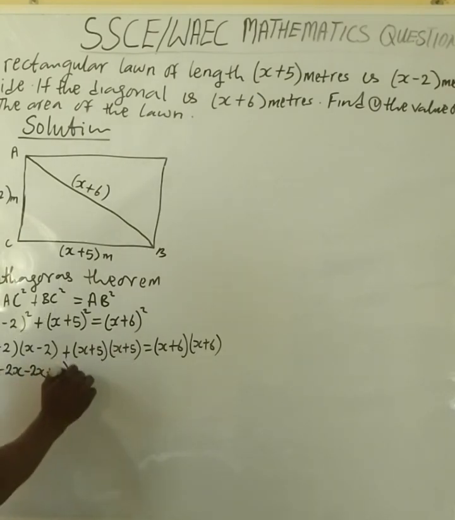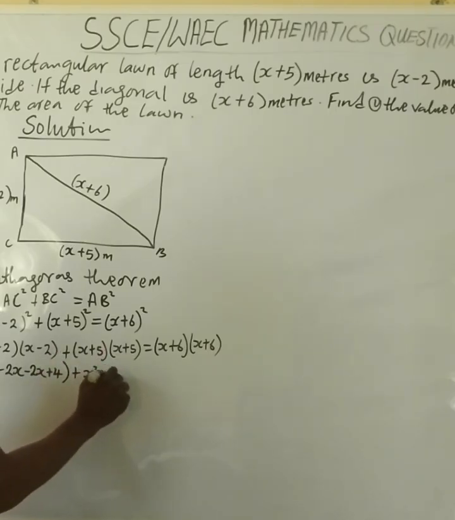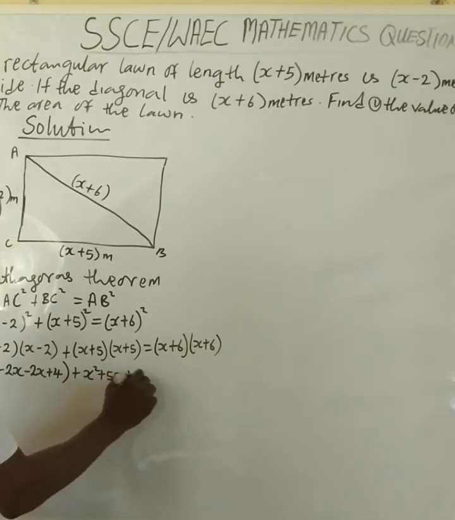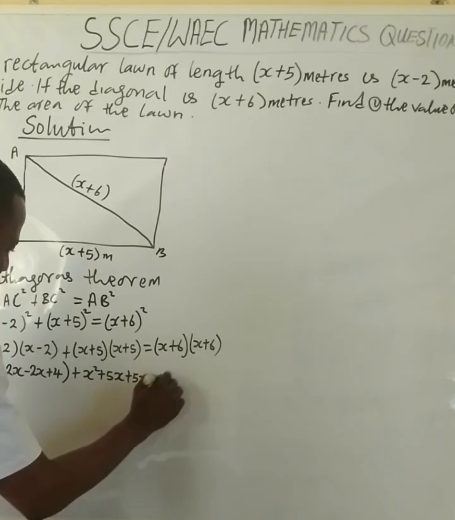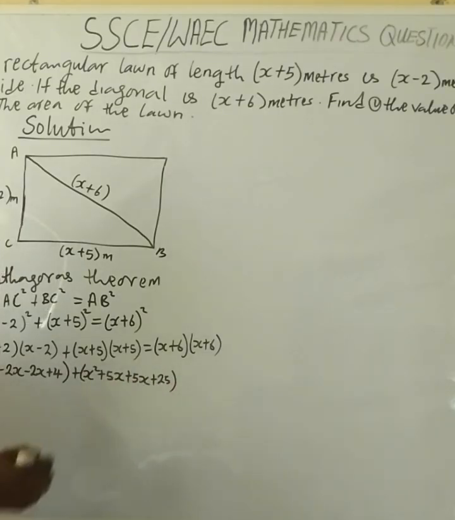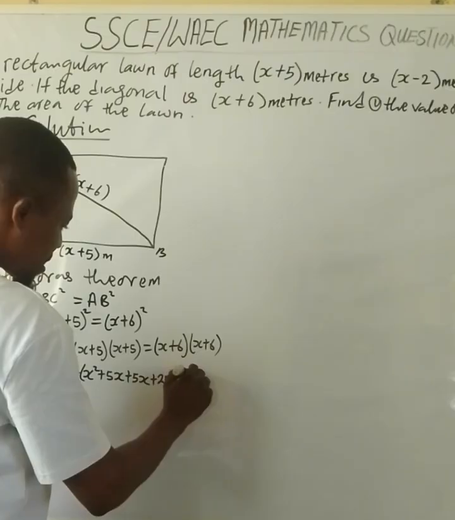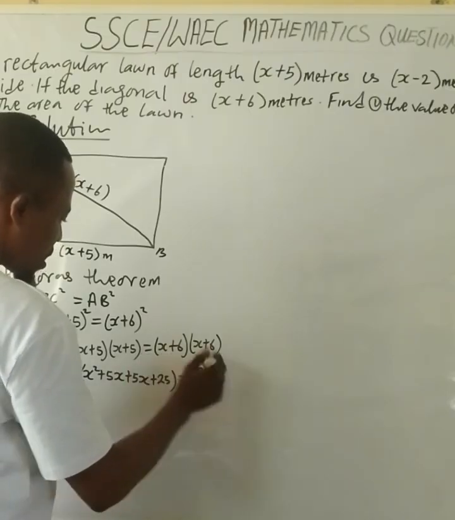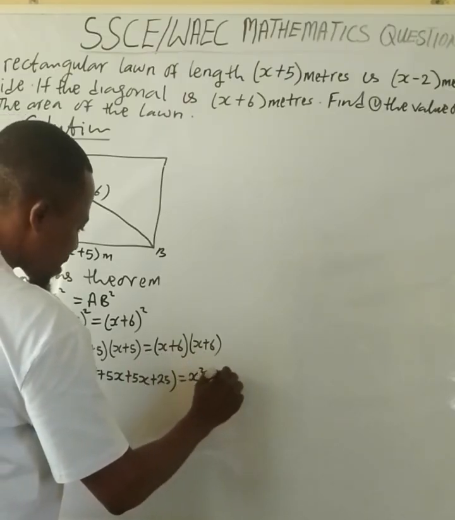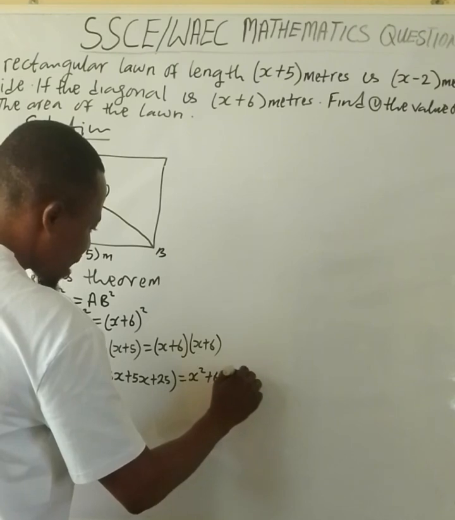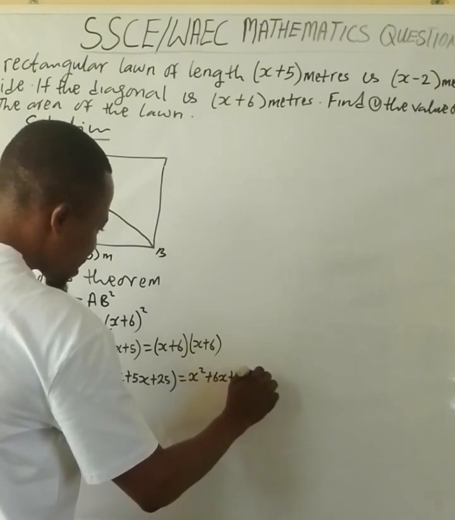Then the second one: x times x is x squared, x times 5 is 5x, 5 times x is 5x, 5 times 5 is 25. So we are done with the second bracket. Equals x times x, x squared, plus 6x plus 6x plus 36.